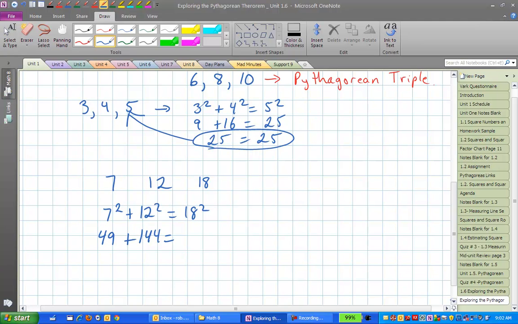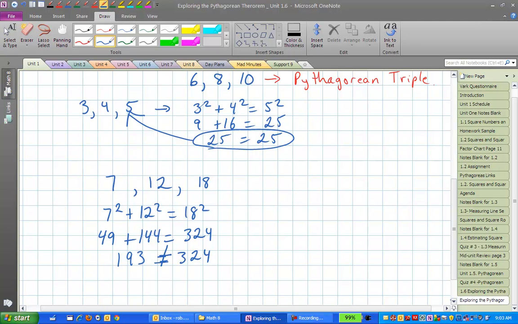And 18 squared is 324. So if we add these together, we have 144 plus 49 equals 193, which does not equal 324. And we say no, no, no, no.